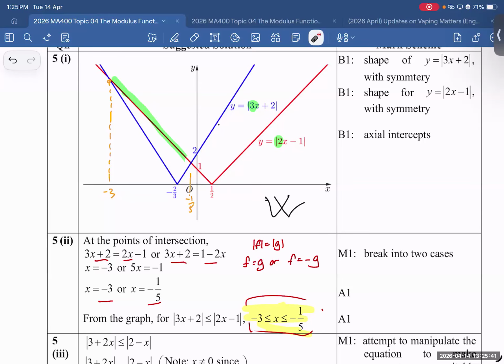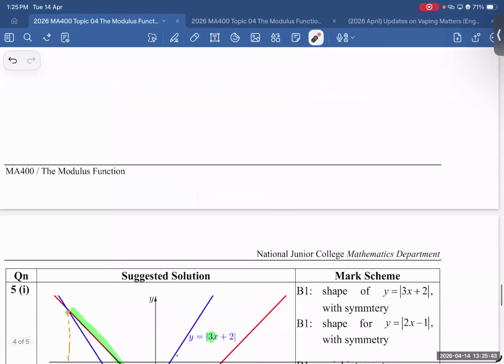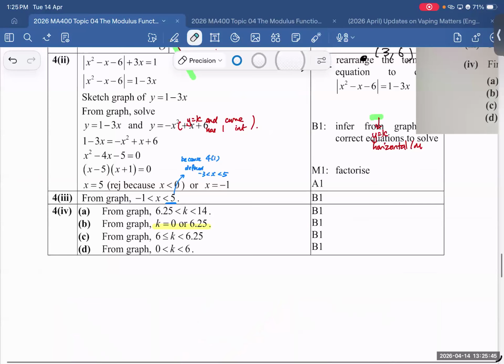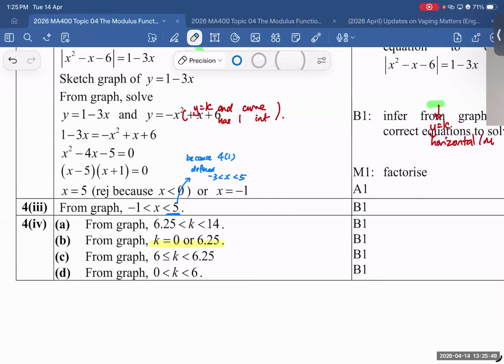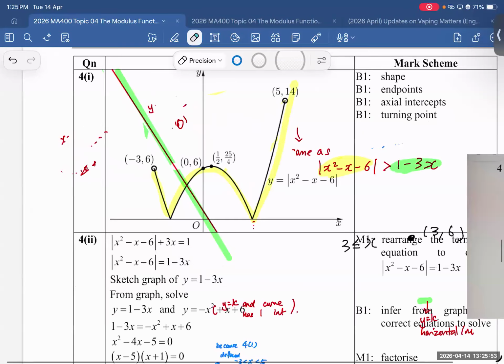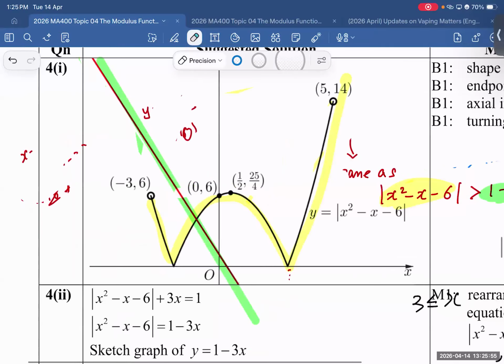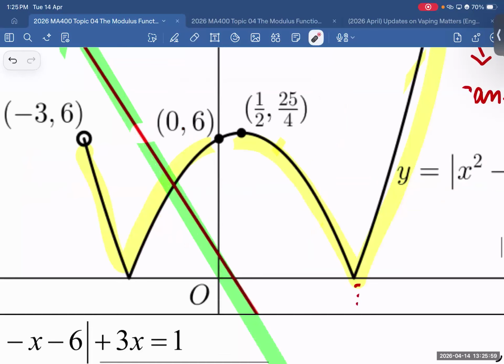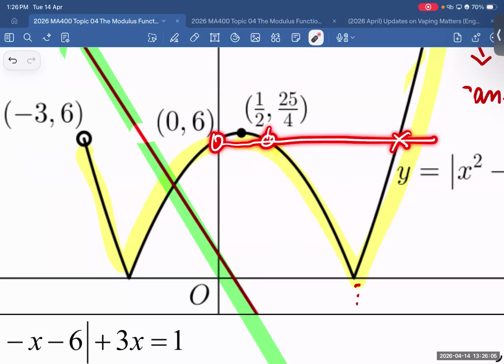Yes. Can I go back to 4 part 4 here? Between 6 and 6.25. Because I look at the curve, right? When it's 6, y equals to 6 is here. There are 1, 2, 3 points.